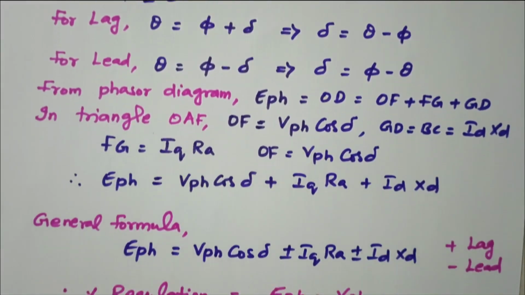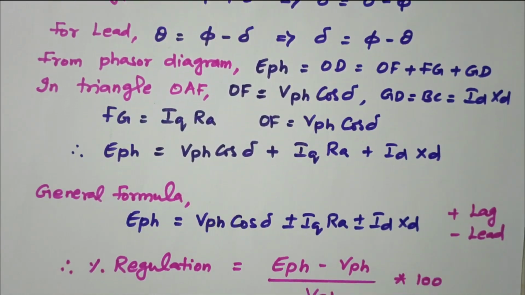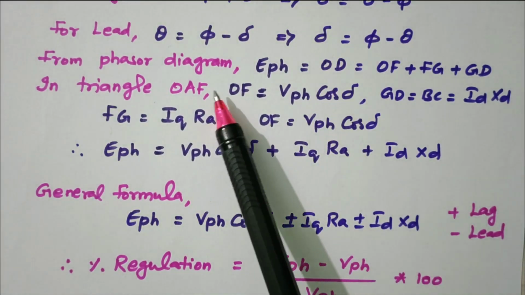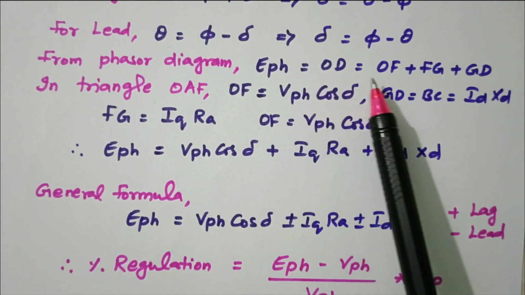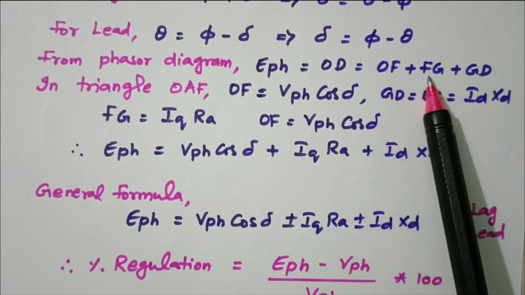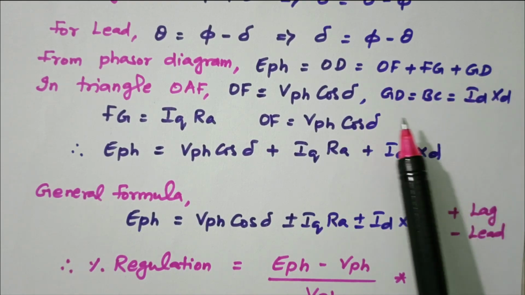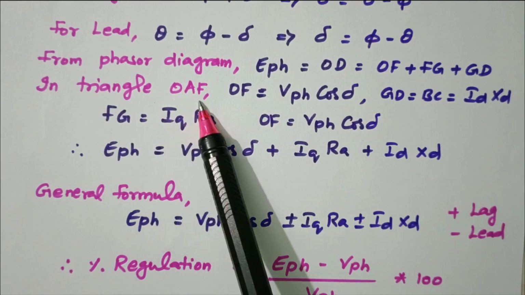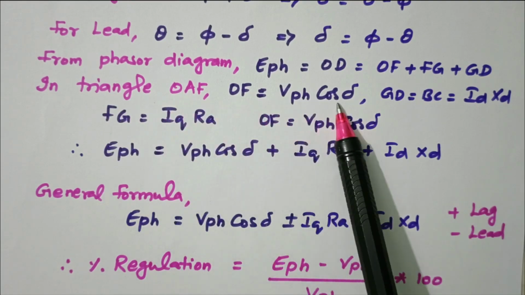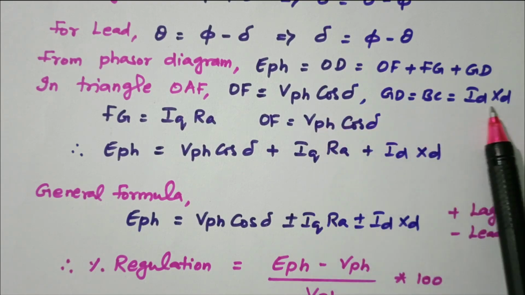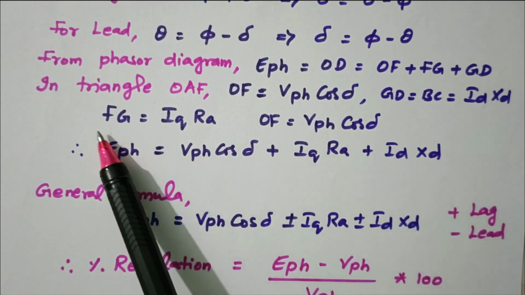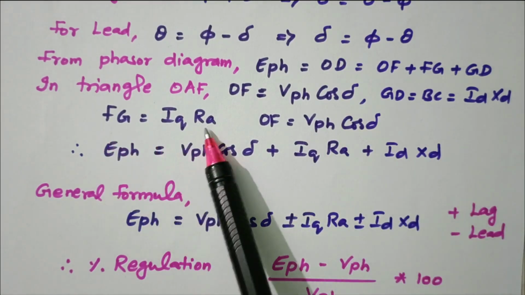Now we are checking with the phasor diagram. E phase equals OD. That is the first thing we calculated. That is written as OF plus FG plus GD. From triangle OAF we know that OF equals V phase cos phi. GD equals BC equals ID XD. FG equals IQ RA.